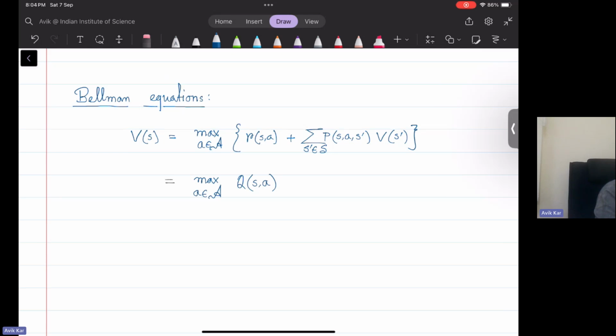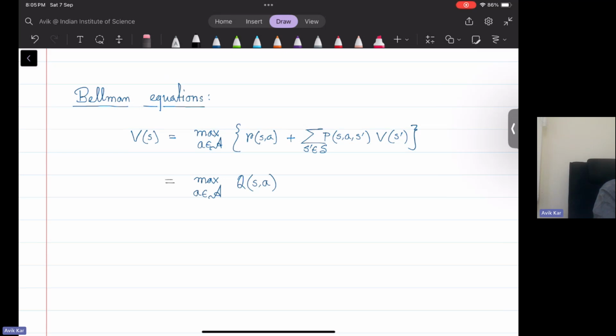So to replace this V, we can write Q in terms of this inner expression, inside that max operator, right?